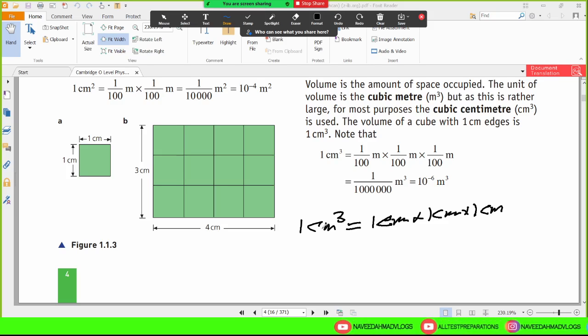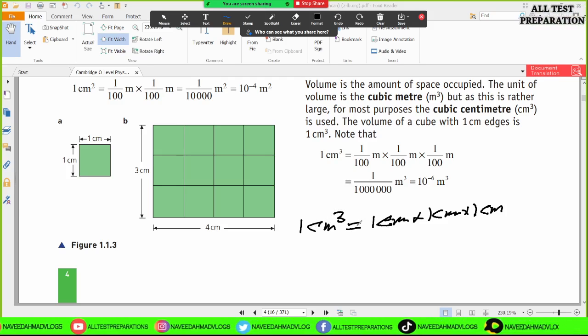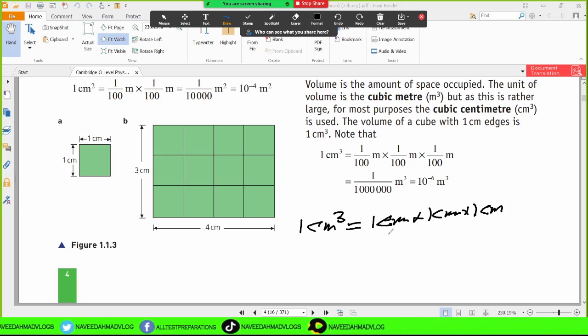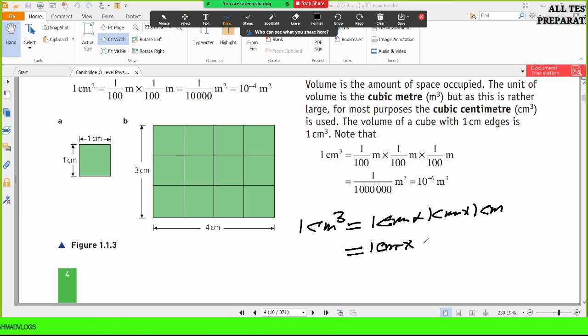Students often make the mistake of converting 1 centimeter into meter and then putting a cube on it, so that is wrong. You will need to convert centimeter into meter 3 times. First of all, convert this centimeter into meter: multiply with 1 meter over 1000 centimeter.